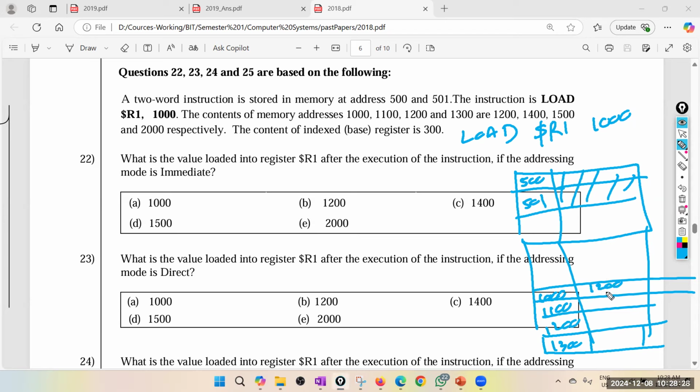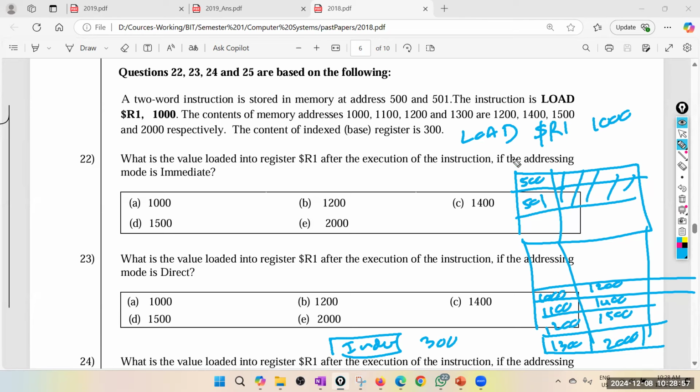In 1000, 1100, 1200 and 1300 we have 1200, 1400, 1500, and 2000 respectively. So these memory addresses have these values. Okay. The content of the index or the base registry is 300. So the index registry says 300. What is the value loaded to registry $R1?